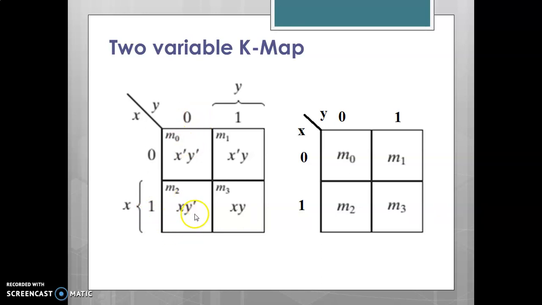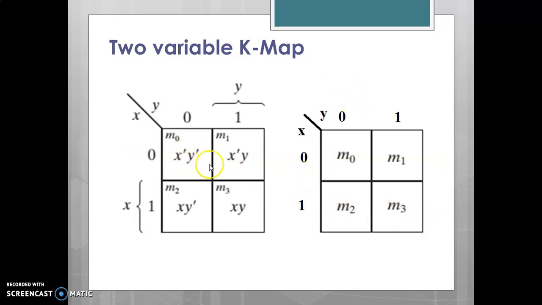So we write x, y bar here. Same way, x is 1 here and y is 1 here, so xy is written here in the cell. So the zeros and ones written on the top and sides of the box correspond to the variables x and y here. Similarly, there is one more method of labeling the K-map, that is by using minterms.